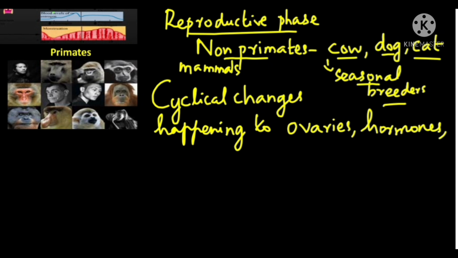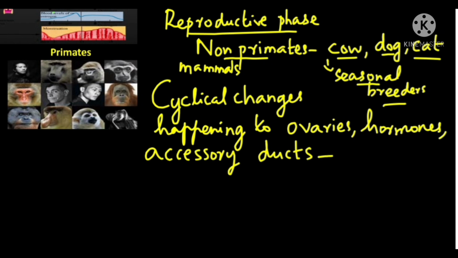So ovaries, hormones, the ducts are called accessory ducts. So there are cyclical changes happening to ovaries, hormones, accessory ducts during the reproductive phase of non-primates.